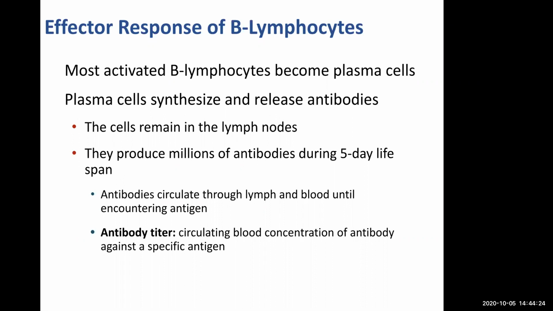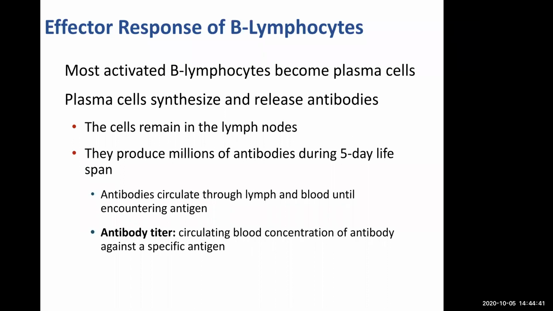The assumption is if you have a robust enough titer, a titer above a certain concentration, that you are protected, for all intents and purposes, against that particular antigen. I'm using Hep B as an example.